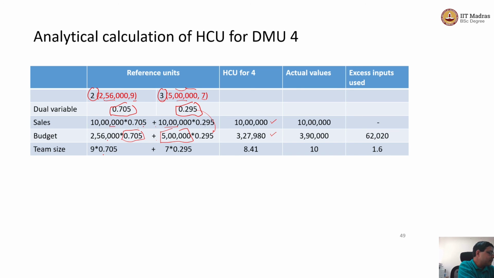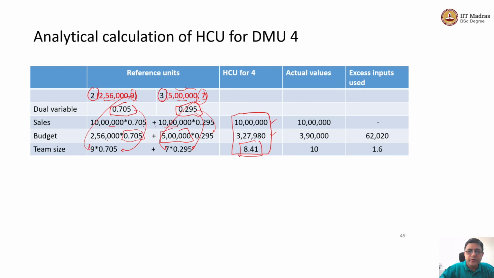Similarly, the team size 9 multiplied by the dual variable value, 7 multiplied by the dual variable value is going to give you the coordinates of DMU4. So using the dual variable values, you are going to calculate the coordinates of DMU4.